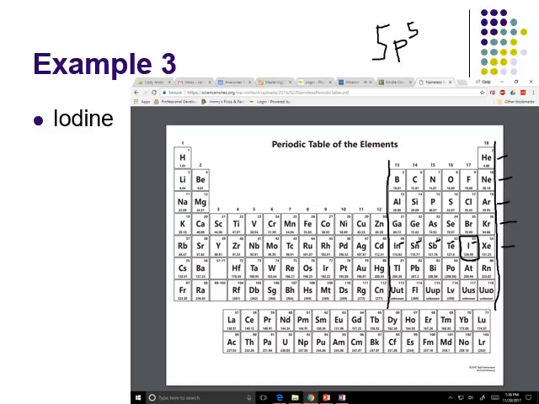And again, I think this is really where the abbreviated comes into play. So I find the noble gas that comes before it. That's krypton. So in brackets, I put Kr. And then I have to fill up to the 5P, which would be all of this through there.